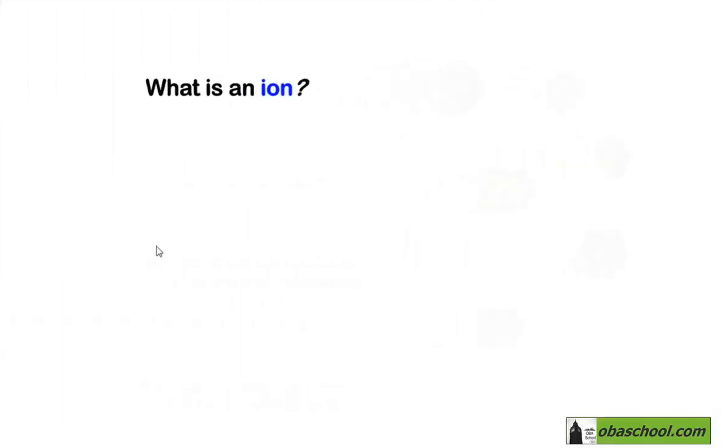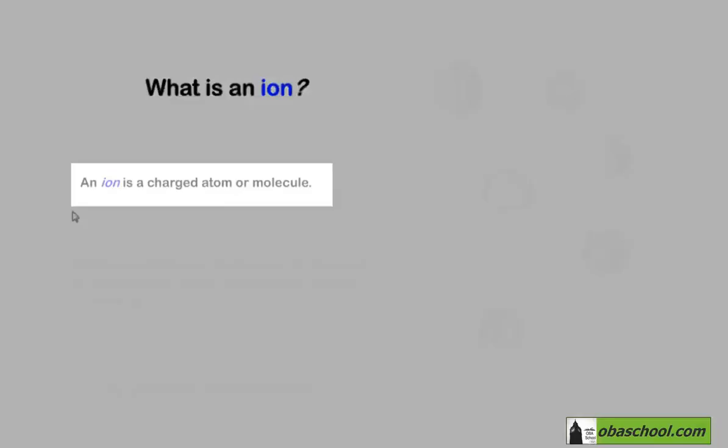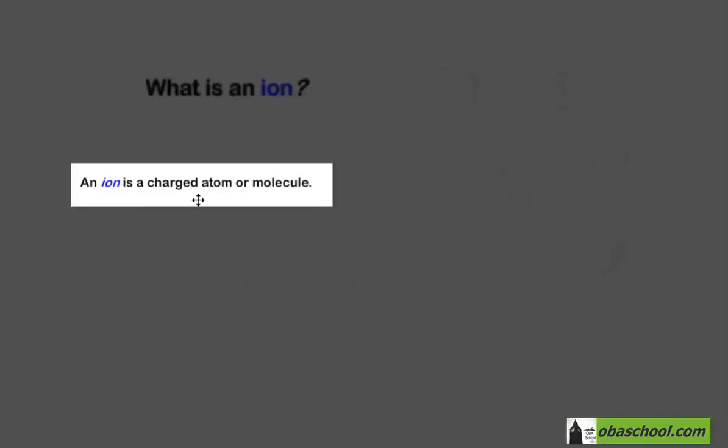What is an ion? In this video, we will explore what an ion is, what the types of ions are, and how ions are formed. An ion is a charged atom or molecule.